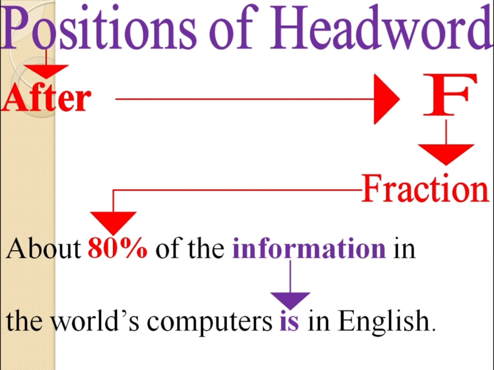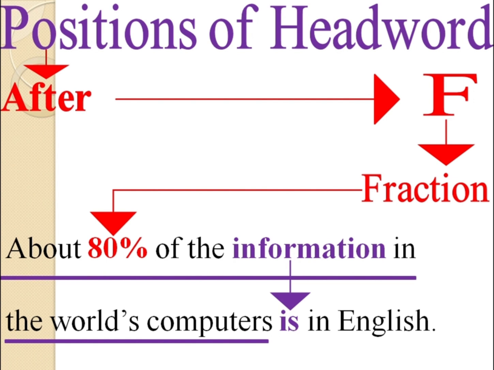The complete subject is here: about 80% of the information in the world's computers. Don't make the mistake of thinking computers is the headword. If computers were the headword, then the verb would be plural. But here you see the verb is singular. That means it has taken a singular headword subject, that is information.